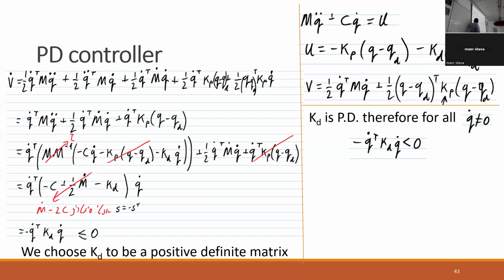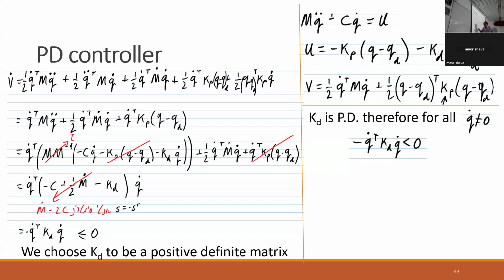But at the beginning, it's with minus: minus q dot transpose Kp q minus qd. And here I have plus q dot transpose Kp times q minus qd. So these cancel each other out.